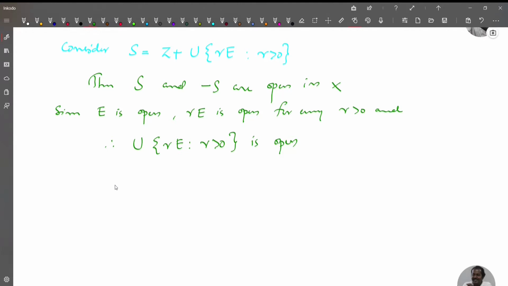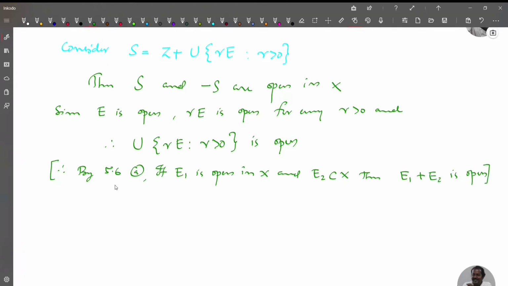Therefore, by 5.6a, which says if E1 is open in X and E2 is contained in X, then E1 plus E2 is open.